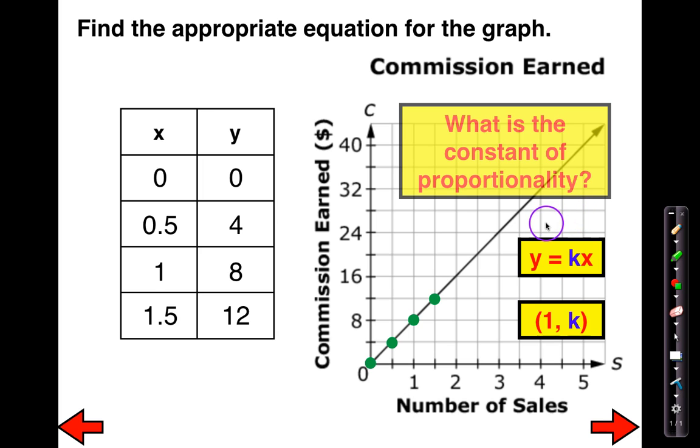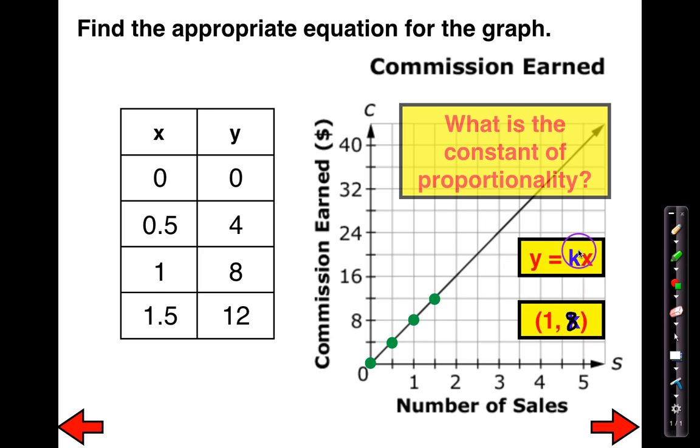If you looked for 1 comma k, you would have found it right here, 1 comma 8. So I actually jumped the gun. I didn't have to look at the table and set up my ratios. It was on my graph to begin with, 1 comma 8. So if this was 1 comma 8, that means the constant of proportionality is 8.